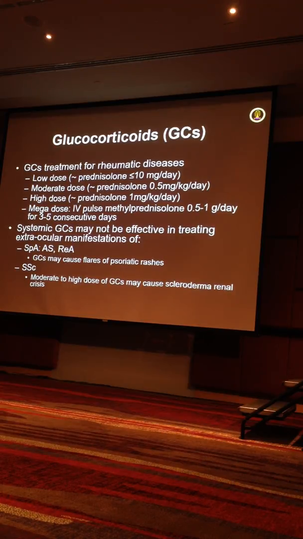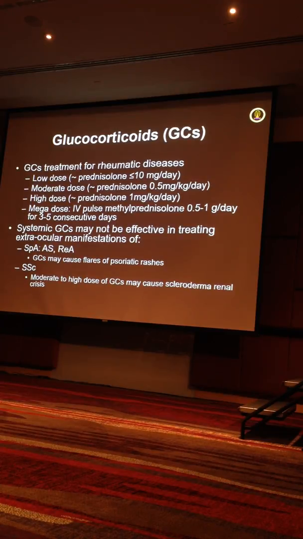Systemic glucocorticoids won't work in every rheumatic disease, especially spondyloarthritis. It won't work in ankylosing spondylitis or reactive arthritis. It may work in psoriatic arthritis, but it can cause flares of the psoriatic plaques.